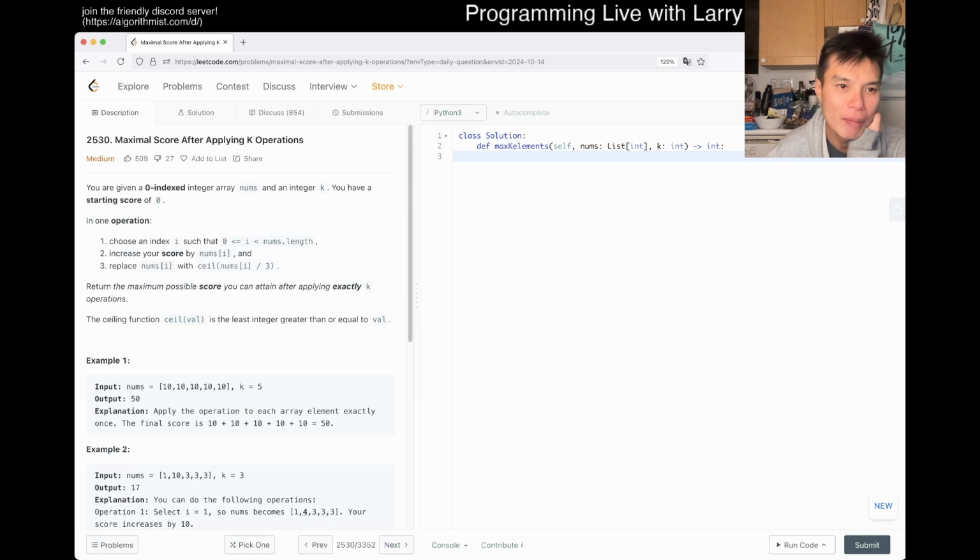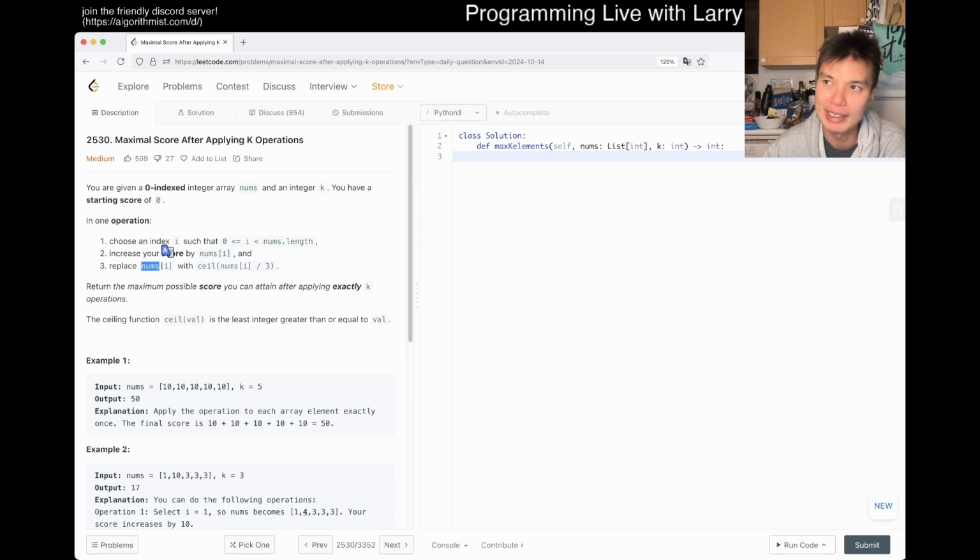The key thing to know about this problem is that this is greedy. I think the intuition is probably not that difficult, because the focus is on part 3 of the operation, where we replace a number in a very deterministic way.